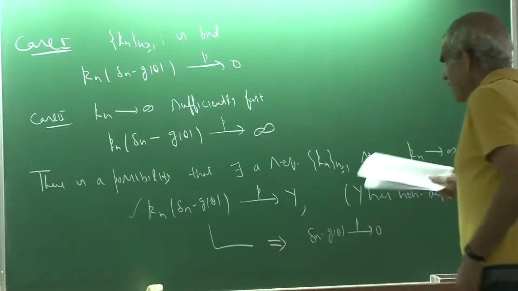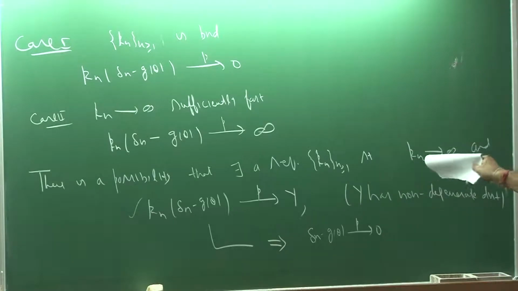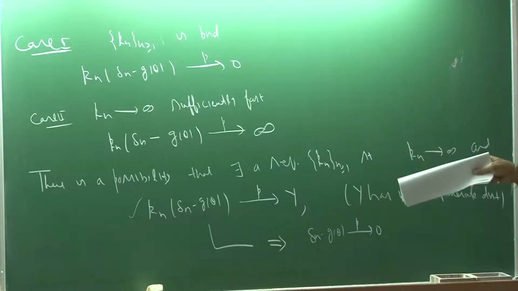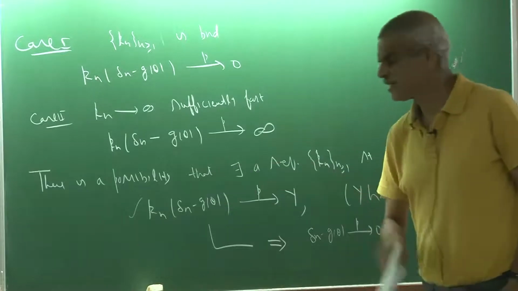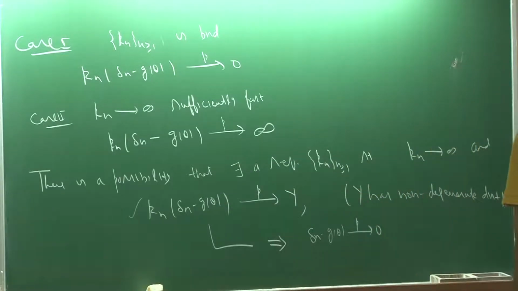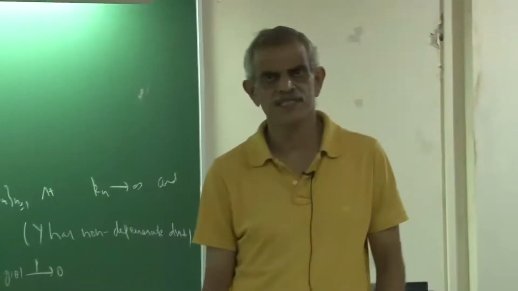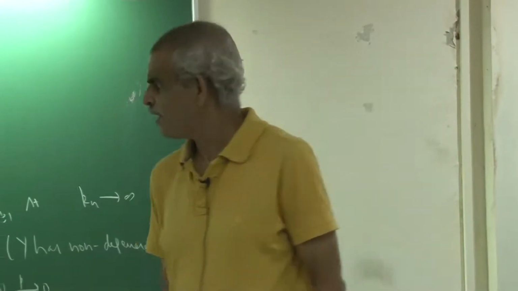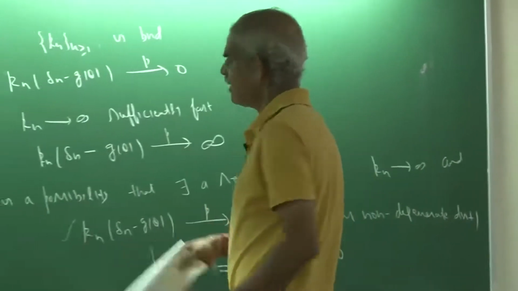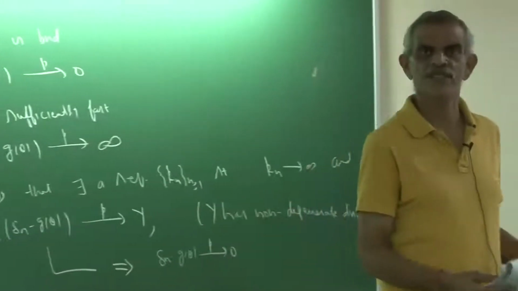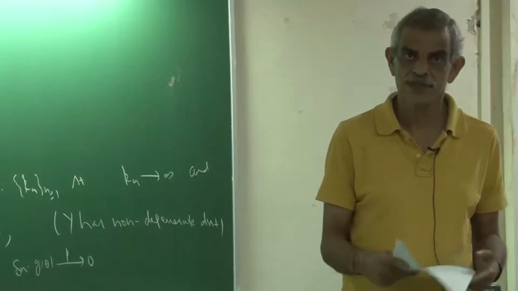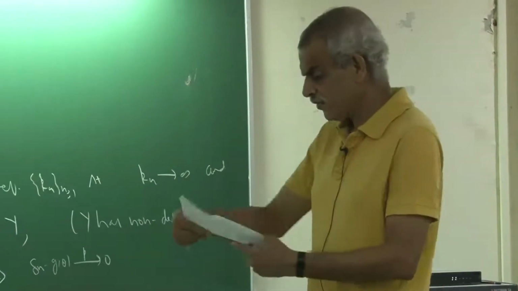So what I try to look at is an appropriate sequence Kn such that Kn times delta n minus g theta goes in distribution to a non-degenerate random variable. So it is in parallel to what we did for the limiting risk approach. Now if that happens, this Kn may be considered as a rate of convergence for the sequence delta n.